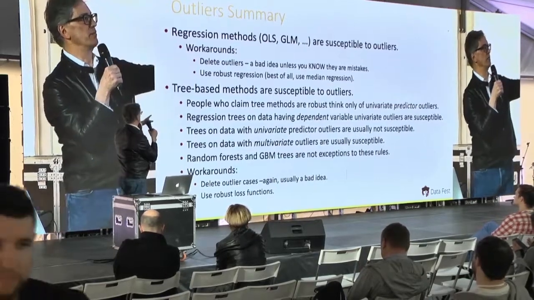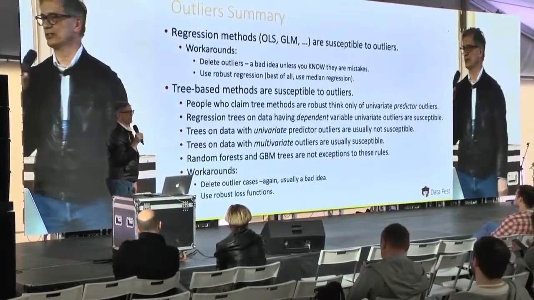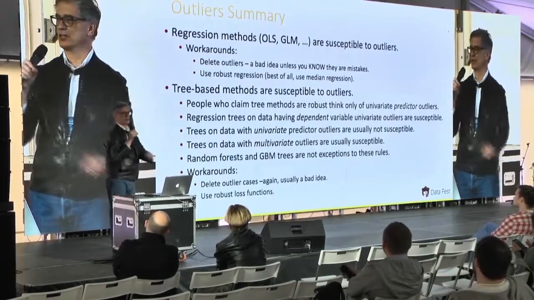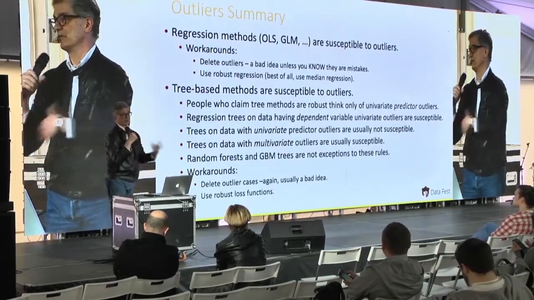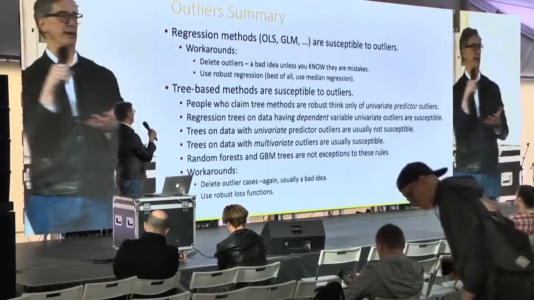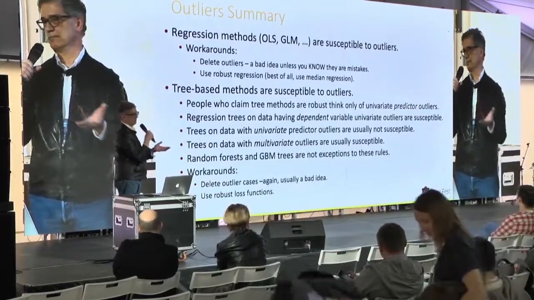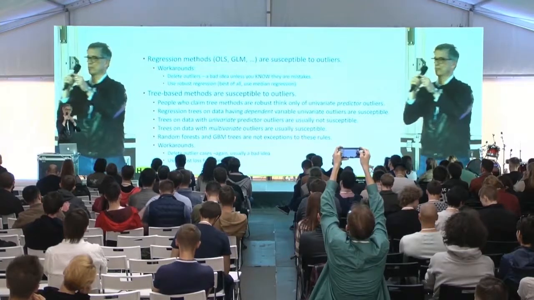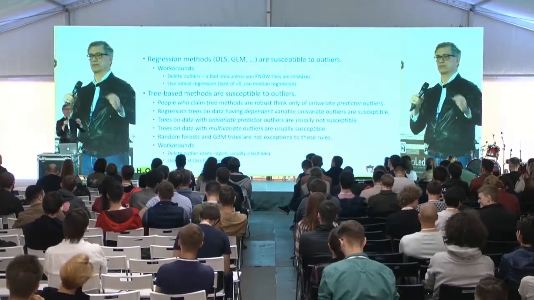Now, one thing I wanted to cover is tree-based methods, because there is a myth going around among some people that tree-fitting algorithms like AID or random forests or gradient boosting methods on trees are immune to this problem. That's only true if it's outliers among the predictors, because remember, trees split off regions, and those regions are rectangular or hyperrectangles.